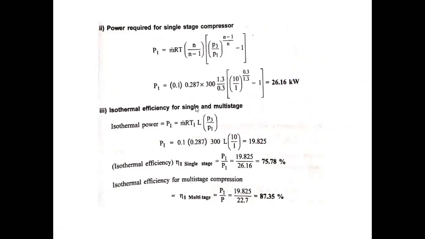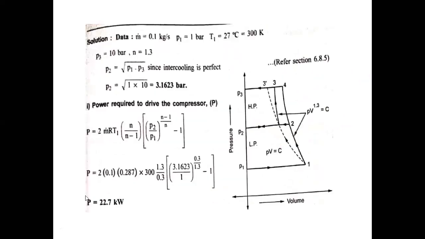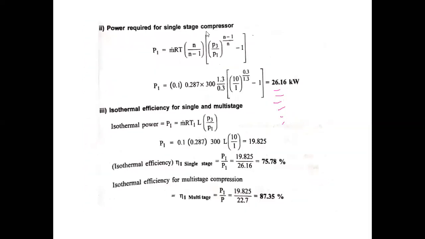This is the power required for a single stage compressor, and this much is the power required for a multi-stage compressor with an intercooler. This is the amount of work saved during the process. The power required to drive the multi-stage compressor is 22.7 kilowatt, and for the single stage compressor it is 26.16 kilowatt.